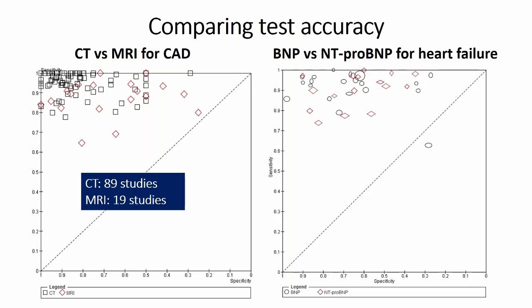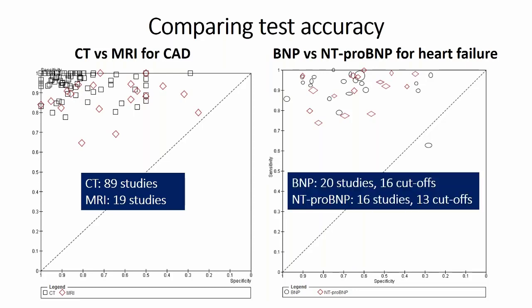Now, for this other example, this is BMP versus NT-proBNP for heart failure. There were 20 studies of BMP, but the studies used different cutoffs, and altogether there were 16 different cutoffs. For NT-proBNP, there were 16 studies, and they used 13 different cutoffs.